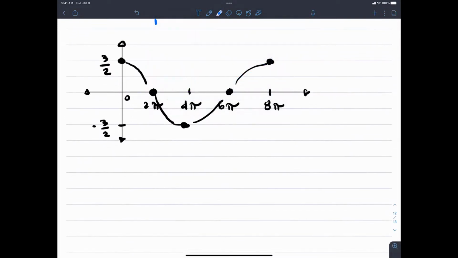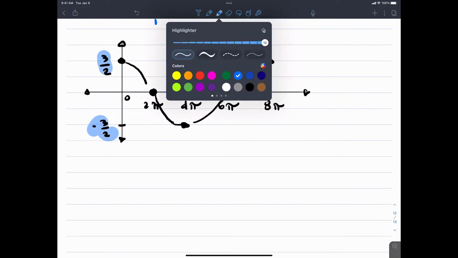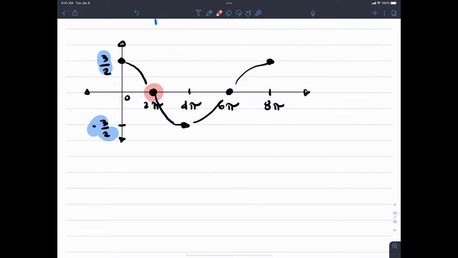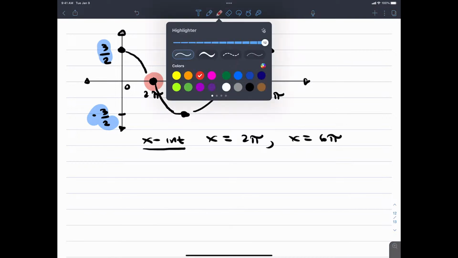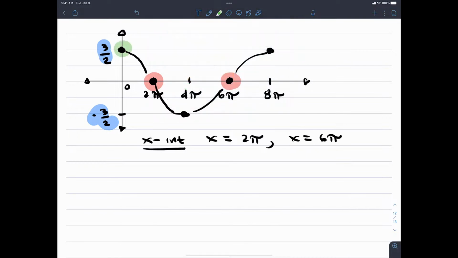Let's see what this information means again. Okay? Where are the x-intercepts, ladies and gentlemen? 2 pi and what? 6 pi. You're at sea level here. Okay? Now, where are you at the maximum altitude?